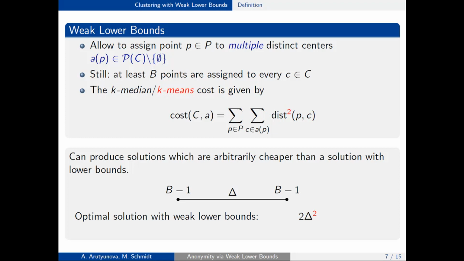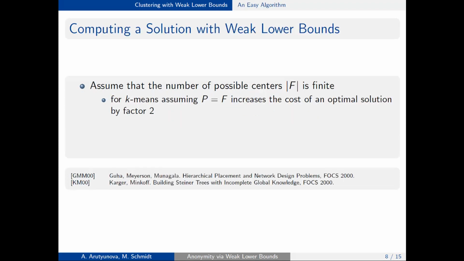But when we are considering lower bounds, there we see that we can only open one center, meaning that at least these b-1 points must be transported to the other one, incurring a cost of b-1 times delta, or b-1 times delta squared. On the positive side, we can compute relatively easily a solution with weak lower bounds.